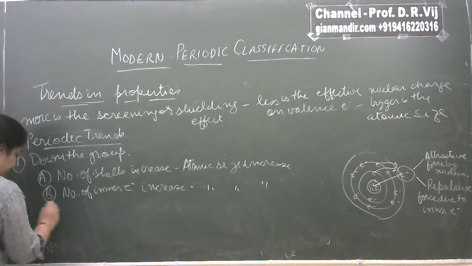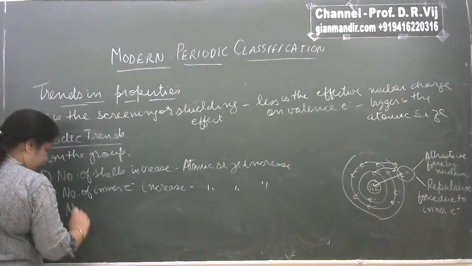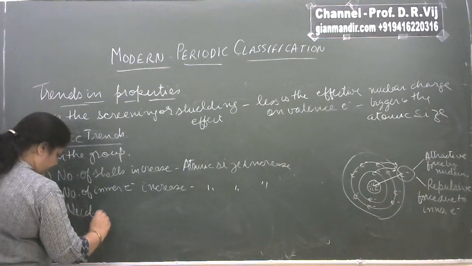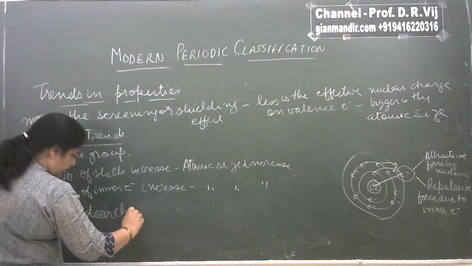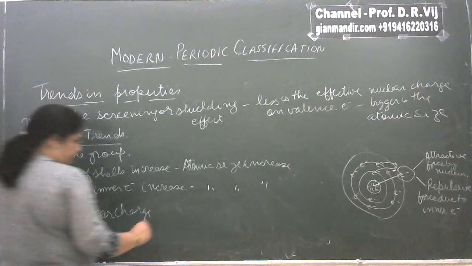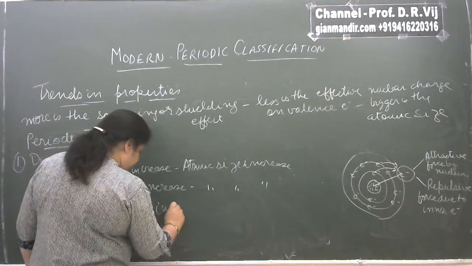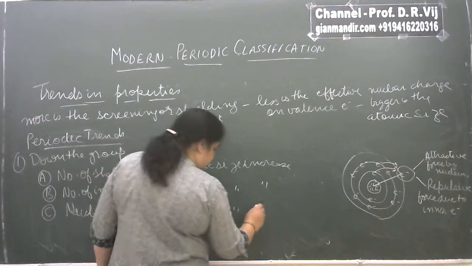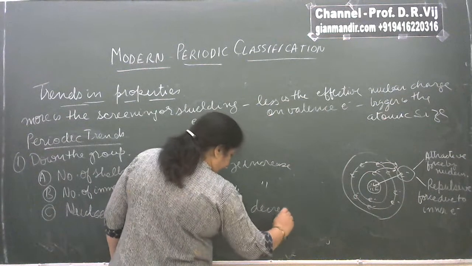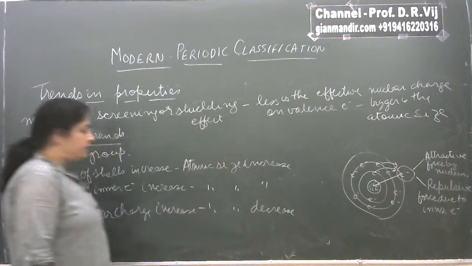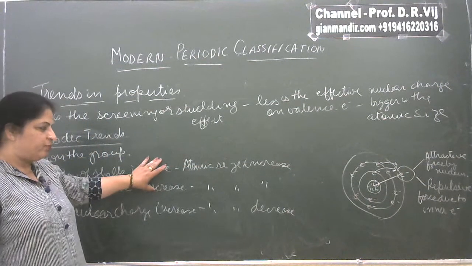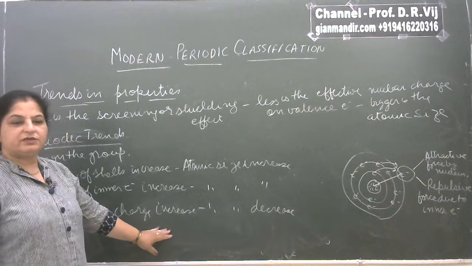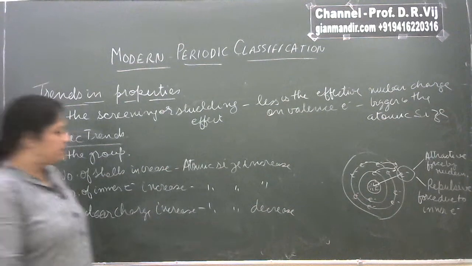And the third factor here is, of course, the nuclear charge. Nuclear charge means number of protons in the nucleus. The nuclear charge here increases, and we expect that atomic size should now decrease. So see, there are two factors that are responsible for increase in atomic size, and there is one factor which is responsible for decrease in atomic size.